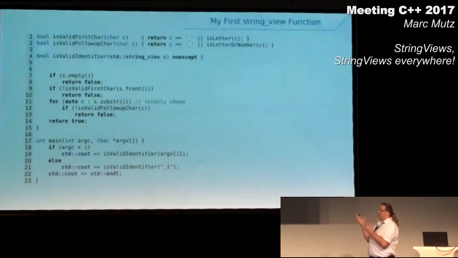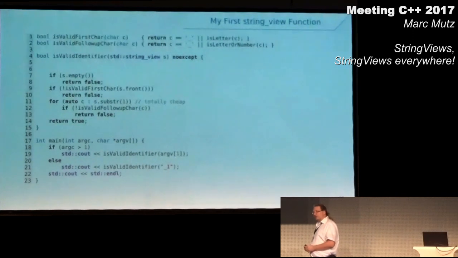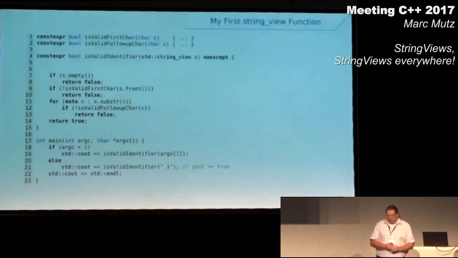And this, I think, is much more expressive than what we could efficiently do with standard string. And so yes, if you have a string view, you also want to use it for parsing stuff. This is parsing. And we can go a step further. Now that we don't have standard string, we have a string view, we can make everything constexpr.